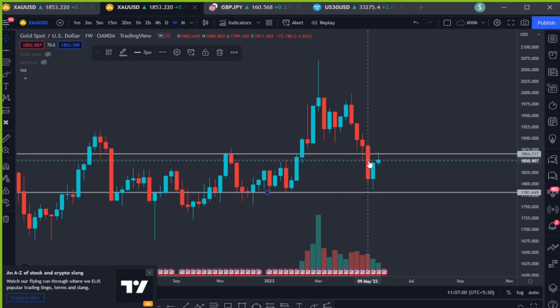Now in the coming week, anything can happen. As I mentioned, if next week we get a bullish candle closure above the resistance, we are going to move to the next resistance, which is up there. If that doesn't happen, and we get a bearish candle closure at the resistance, we want the weekly candle to open, retest this resistance area, and close bearish.